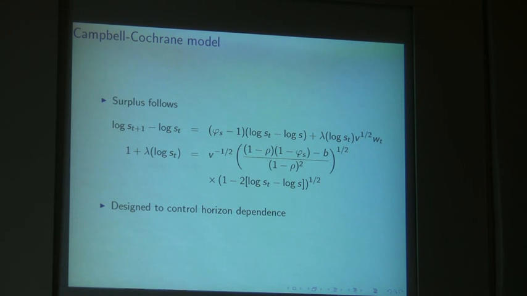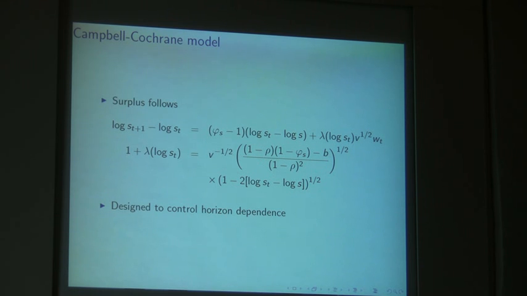Okay, we also think about the Campbell-Cochrane version of the difference habit model, where they introduce this state-dependent habit sensitivity process, lambda. And to make the model work, lambda's got to have some special features, not an arbitrary function.